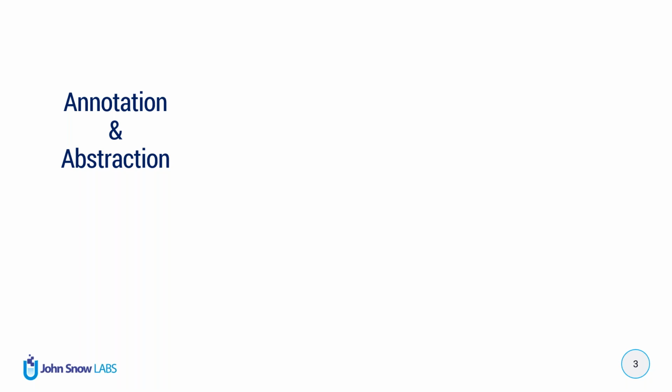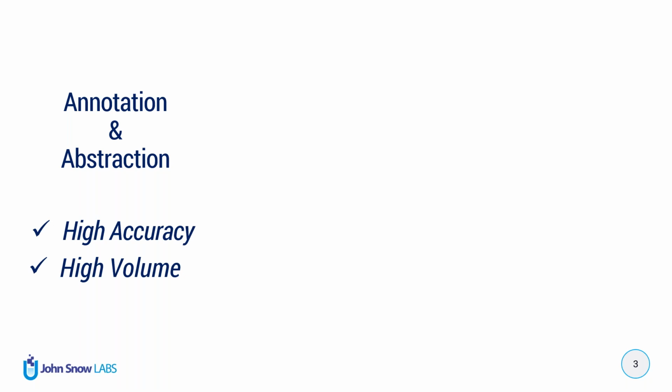So we have documents that we initially annotate in order to be able to train models that will predict or automatically annotate data or abstract data from the documents that we analyze. Usually, those types of projects have requirements of high accuracy. They demand the analysis of a high volume of data, so a large number of documents at a very high speed.